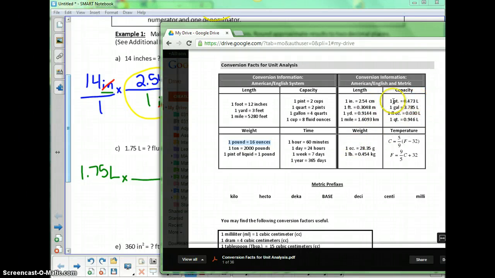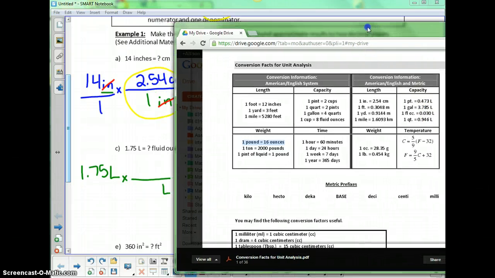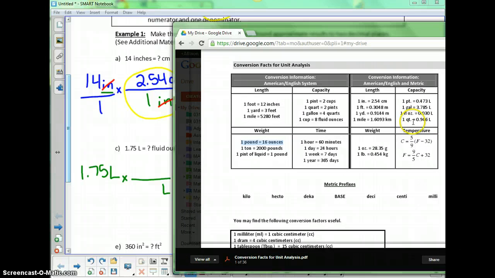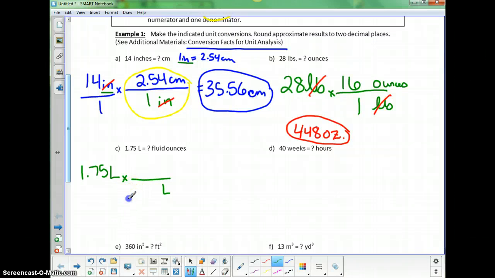I can turn liters into pints, liters into gallons, liters into fluid ounces. There we go. That's the one I need. For this one, 1 fluid ounce is equal to 0.030 liters. So 0.030 liters is equal to 1 fluid ounce.